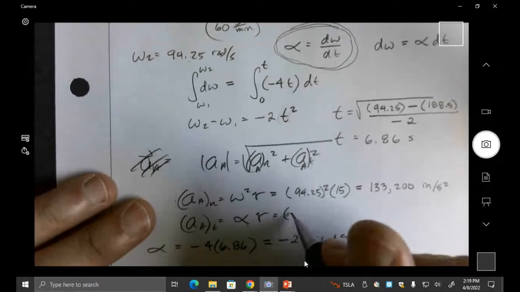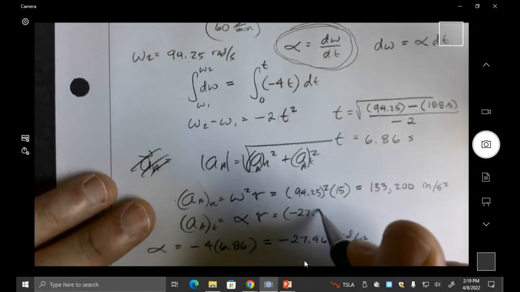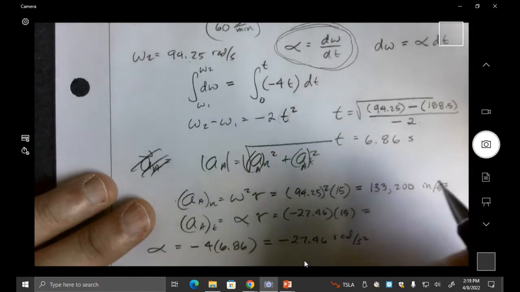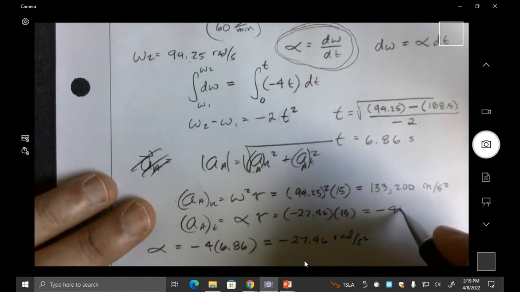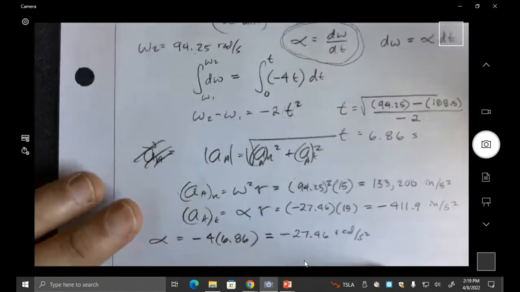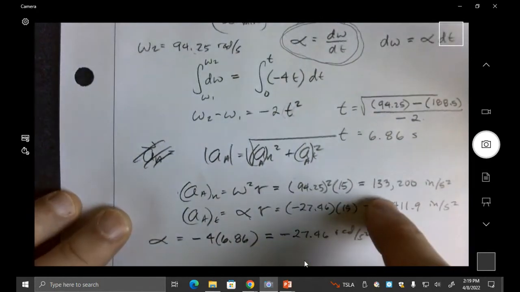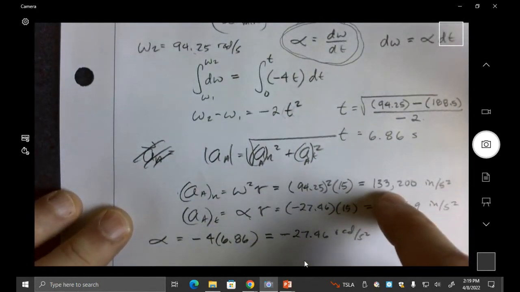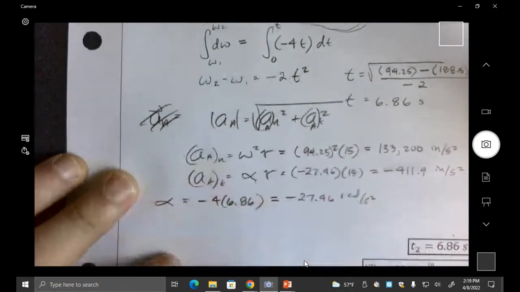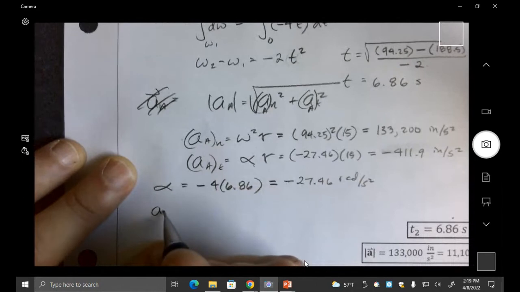So -27.46 times 15. So that should be -411.9. And, you know, this is a failing of planning out ahead to make these numbers. This thing is so large compared to that, when we go to do the magnitude, it's not going to really have a whole lot of an effect.